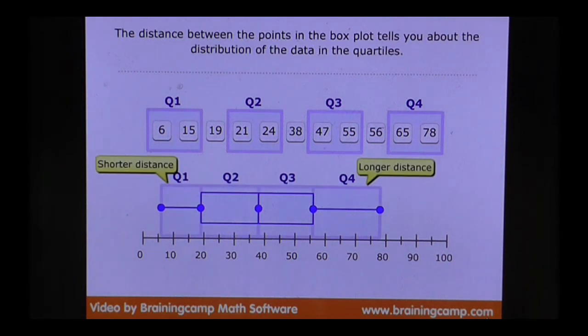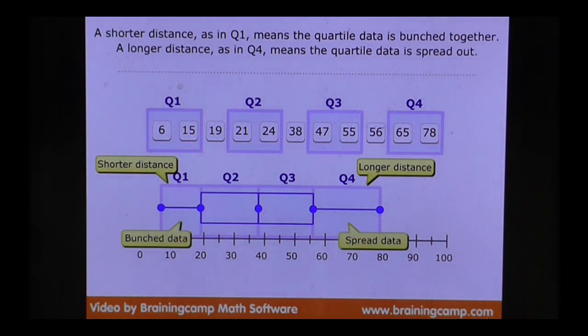The distance between the points in the box plot tells you about the distribution of the data in the quartiles. A shorter distance, as in Q1, means the quartile data is bunched together. A longer distance, as in Q4, means the quartile data is spread out.